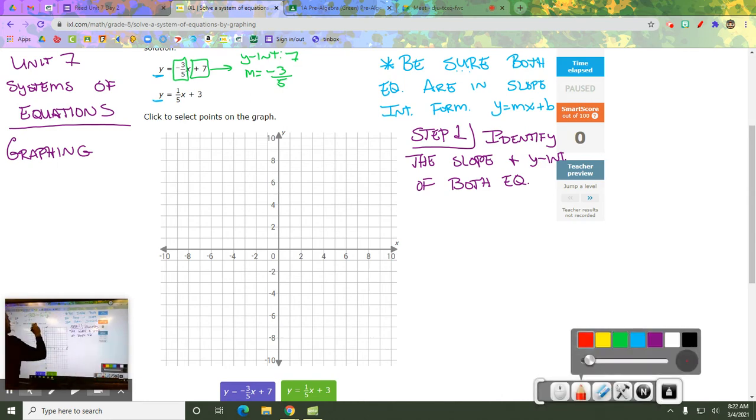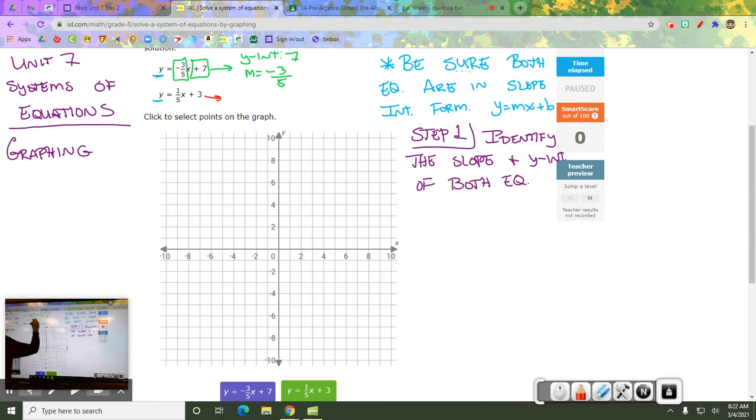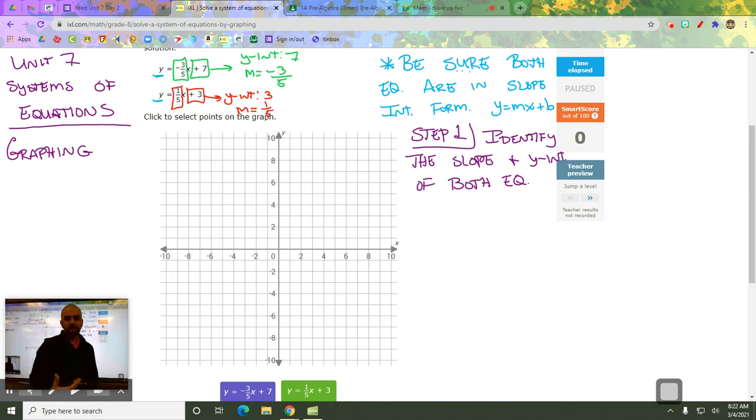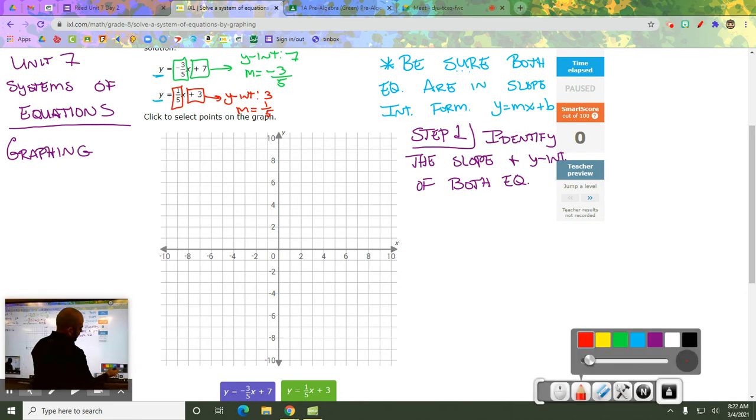And my other one, my y-intercept is this number out here, which is 3. And my slope, the number being multiplied to x, is 1/5. Now you don't have to do this, but it's a good step to ensure that you have those little bits of information that you need before you start graphing.